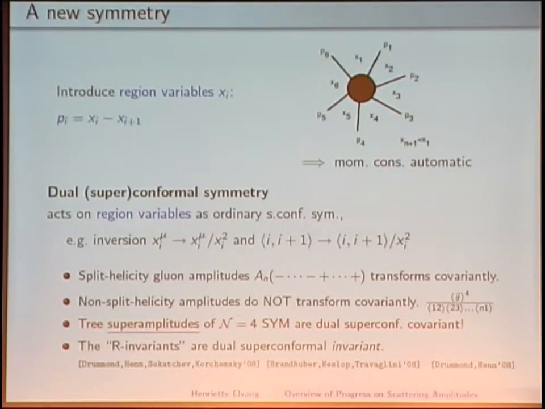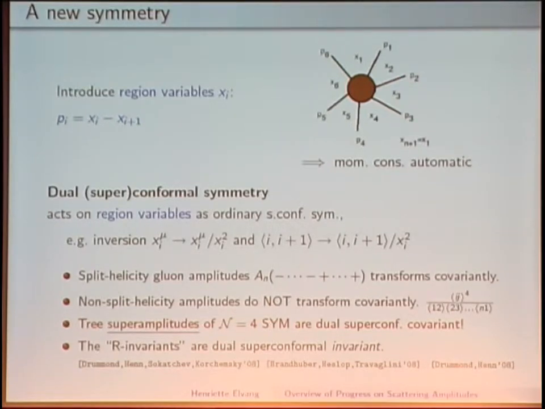In these variables, there's a new symmetry, namely a sort of dual conformal or dual superconformal symmetry. And the way it works is that it acts on these region variables the same way as ordinary conformal transformations act on position space. For example, under inversion, one of these x vectors will simply be inverted the usual way.